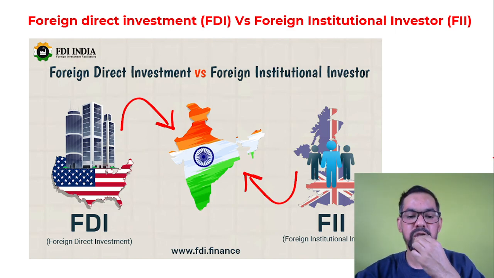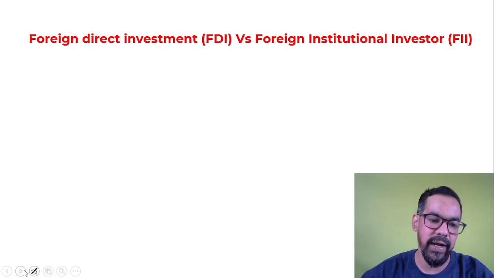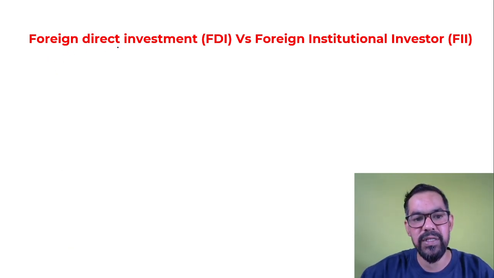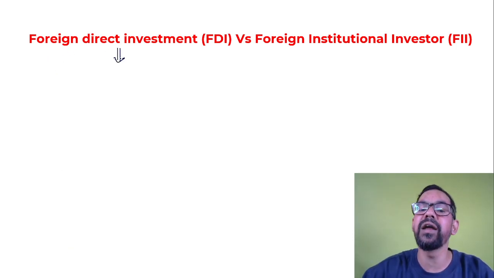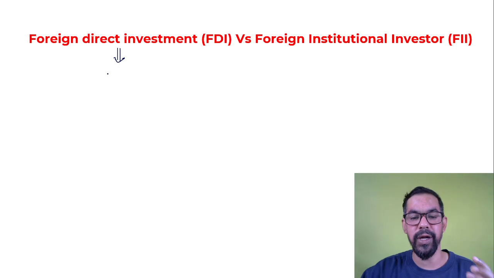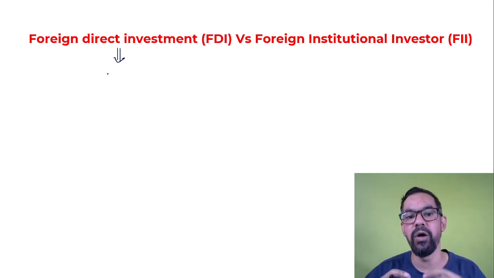One is FDI, foreign direct investment, and the other is foreign institutional investment. As the name states, direct investment is a direct investment in the Indian economy, or any economy, in the productive capacities. Productive capacities means land, labor, capital, entrepreneurship, and all these things.